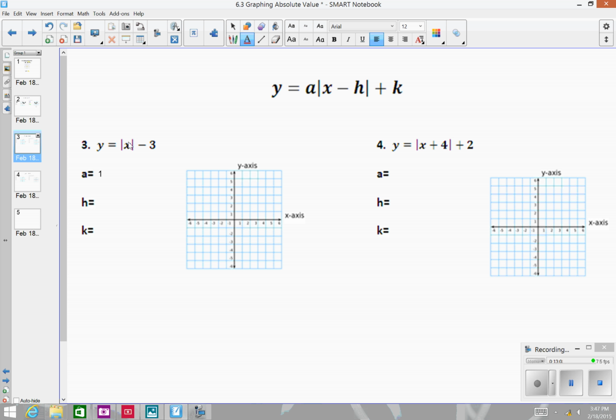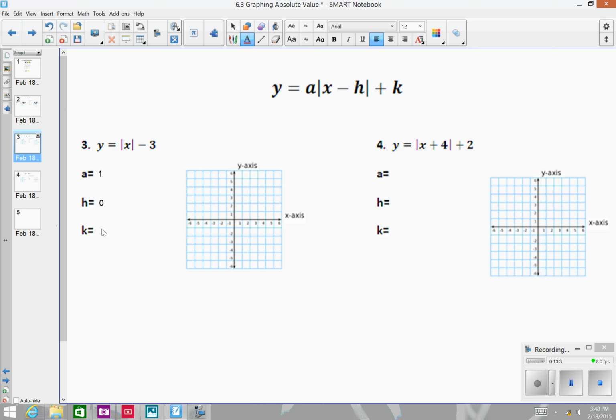If you're adding or subtracting an invisible number inside of the absolute value brackets, that number is always going to be 0. Now, my k value is the number on the outside. It goes from left to right: a should be there, h is inside the absolute value brackets, k is outside the absolute value brackets.